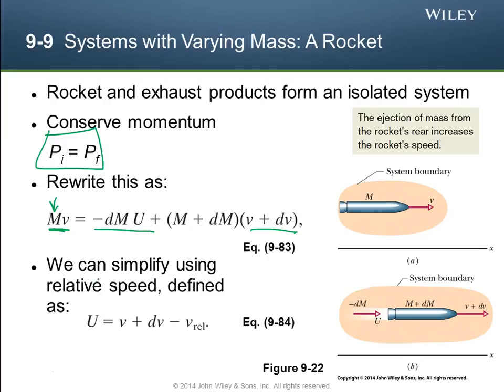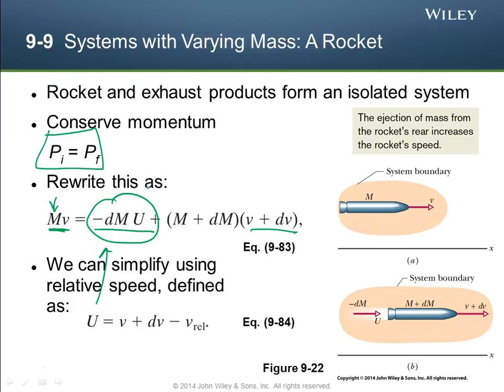Now, u, don't get this confused with potential energy. u is actually the speed of the mass that we're losing. So this first term, which involves u, is the linear momentum of the exhaust product that's released during this time interval.